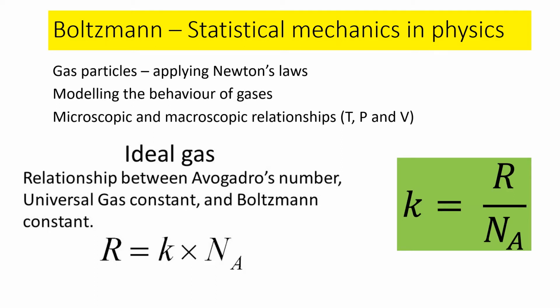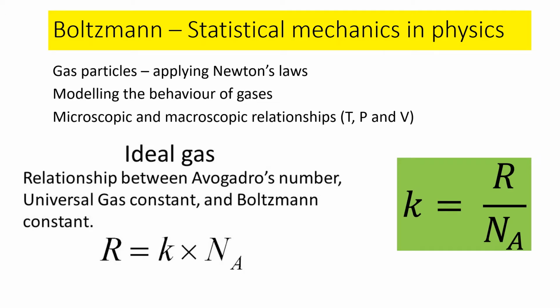And there is a constant named after him, Boltzmann's constant, and the equation is that the molar gas constant is equal to Boltzmann's constant times Avogadro's number. So if you rearrange to get k, you should get 1.38 times 10 to the minus 23.